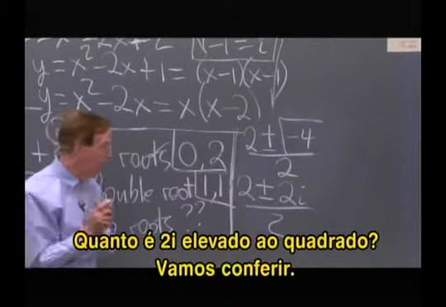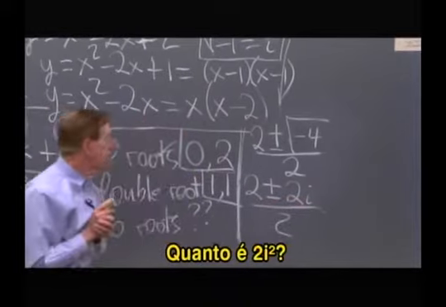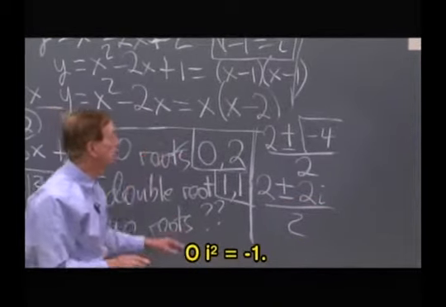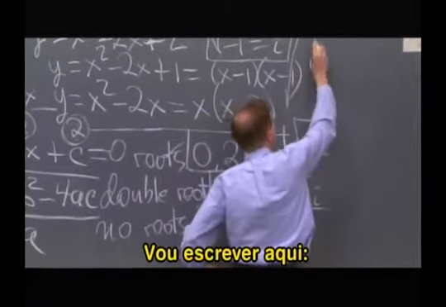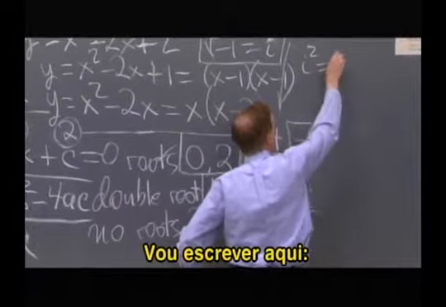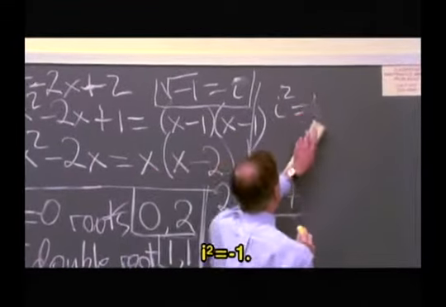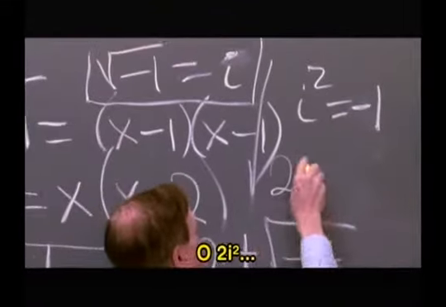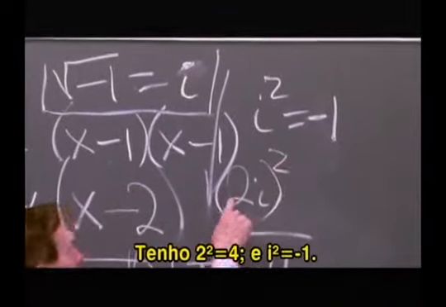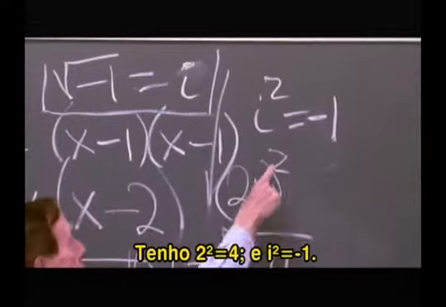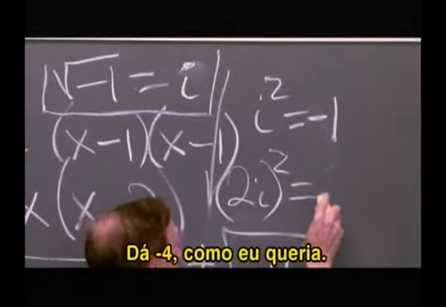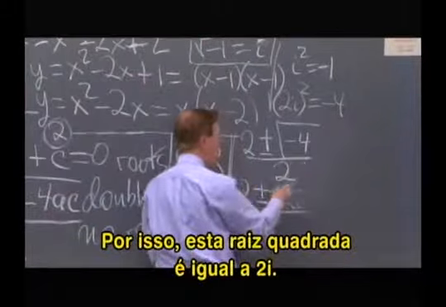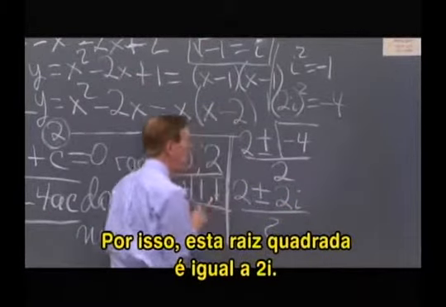Let's just check this out. i squared is minus 1. I can put up here, i squared is minus 1. And 2i squared, so I have the 2 twice, that's the 4. The i squared is the minus 1, it's the minus 4. That's what I wanted. That's why that square root is 2i.